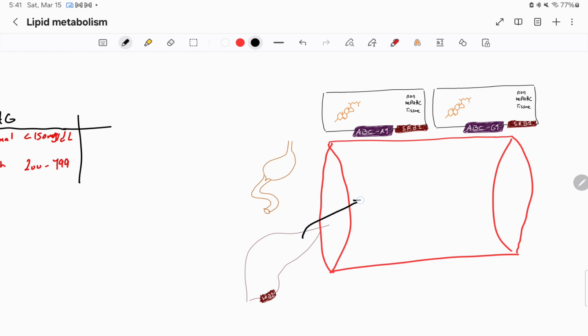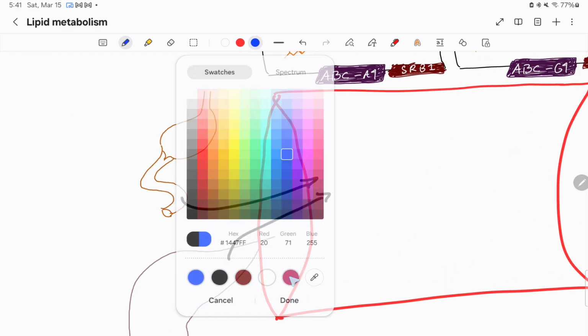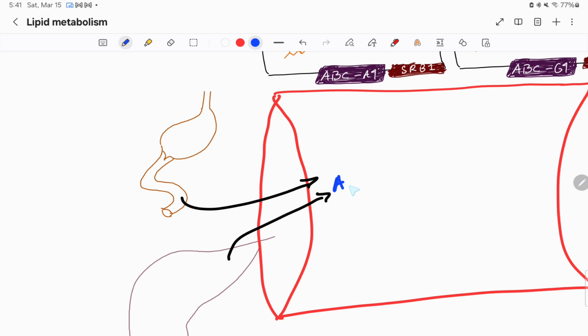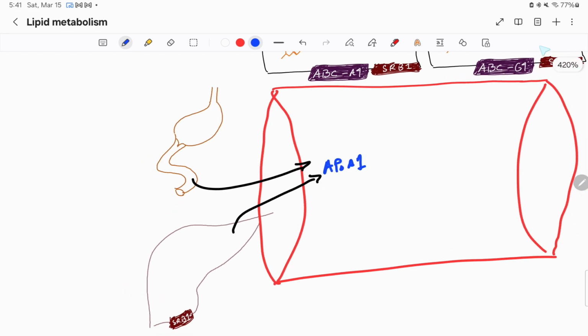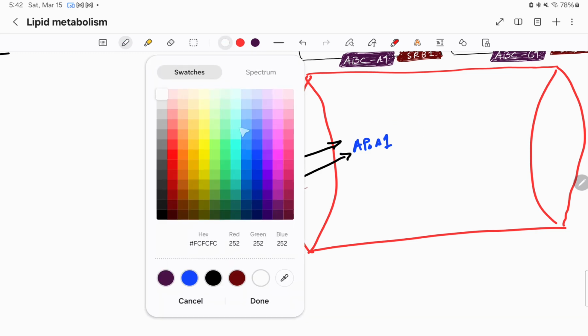So, the intestines and the liver secrete the apoprotein ApoA1, right? And they literally just put out this protein into the circulation. This ApoA1 will circulate here, okay? It's lipid free, because this is currently lipid free, okay?